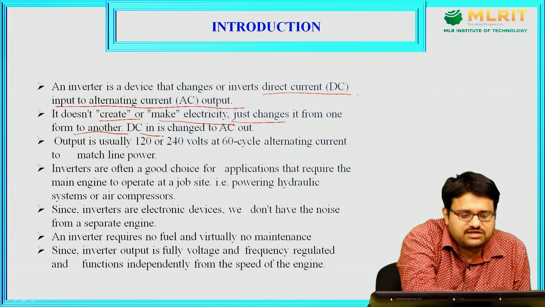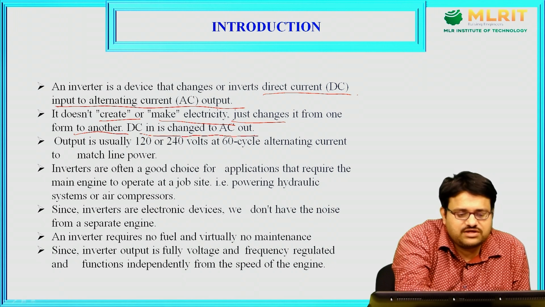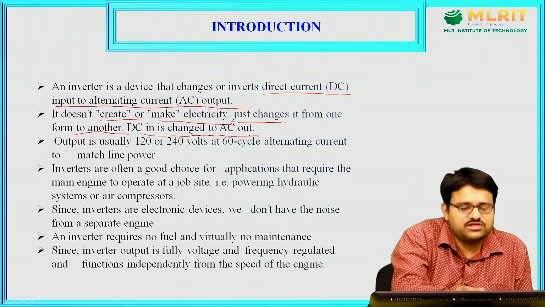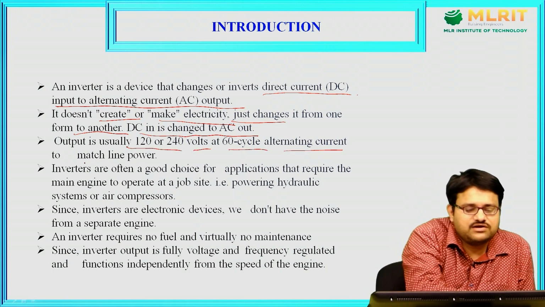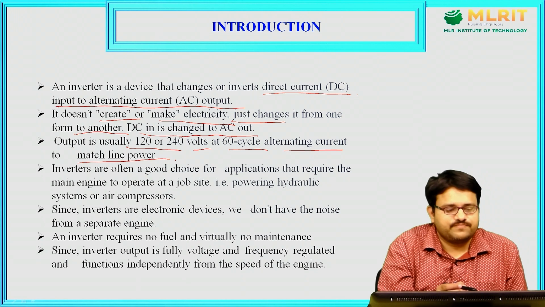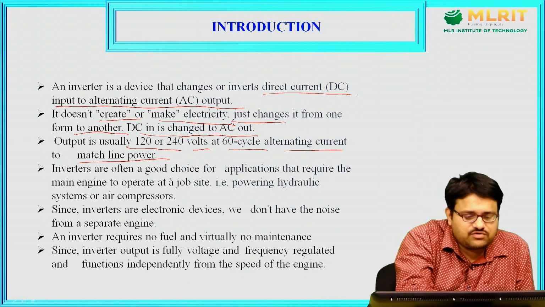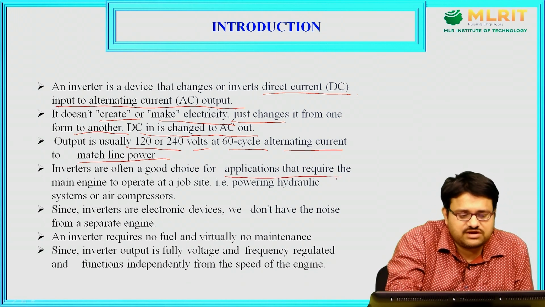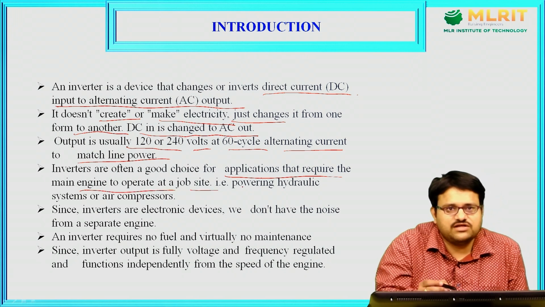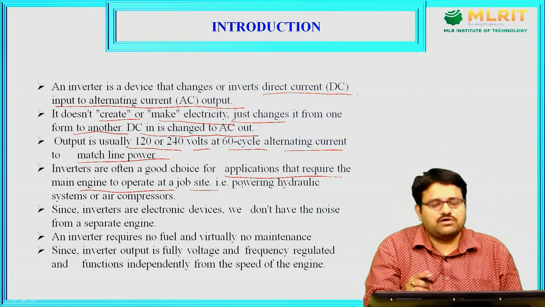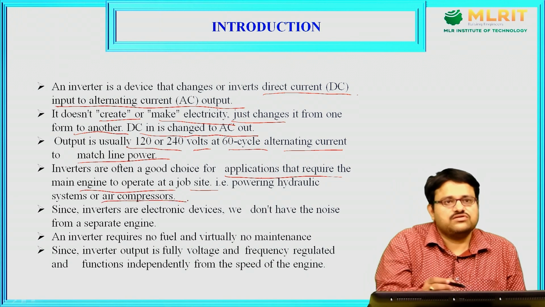So DC is changed to AC out. Output is usually 120 or 240 volts, 60 cycle alternating current to match line power. Inverters are often a good choice for applications that require the main engine to operate at a job site, that is powering hydraulic systems or air compressors.